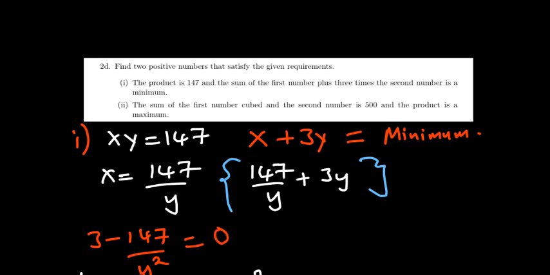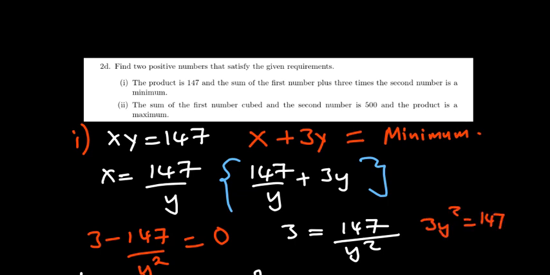So you have 3 equals 147 over y squared, so you end up with 3y squared equals 147. Dividing 147 by 3, it's 49.